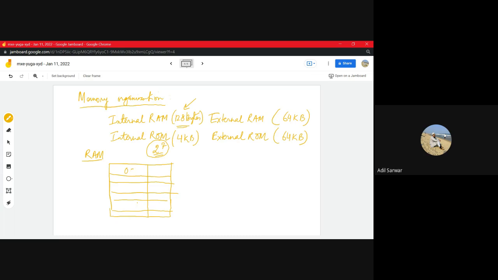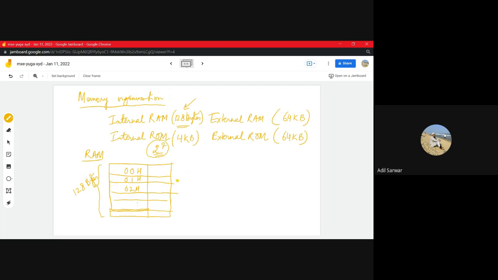So it will start from 00H, then 01H, then 02H, and go on till what would be the last address. 128 locations are there. So what would be the last?